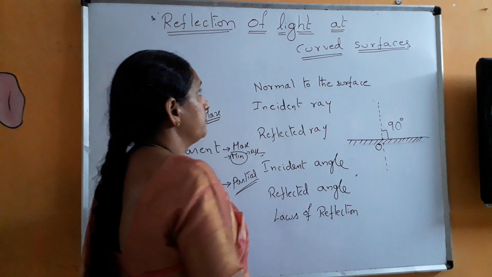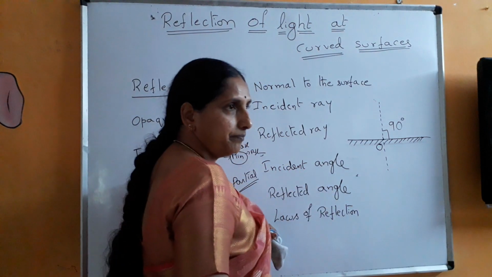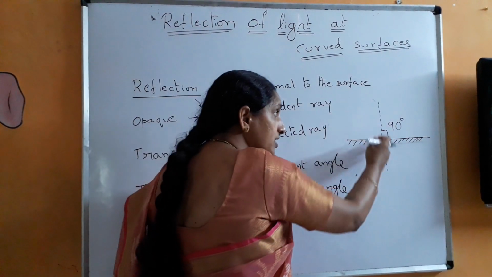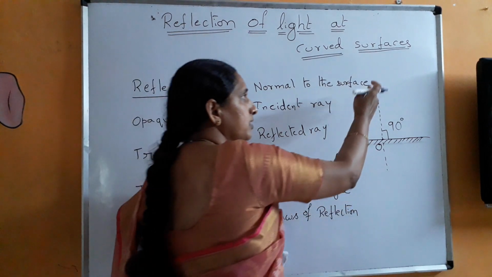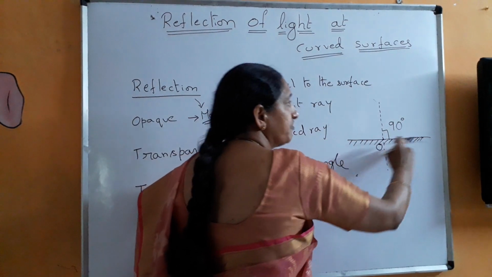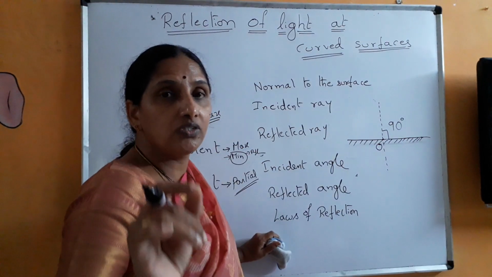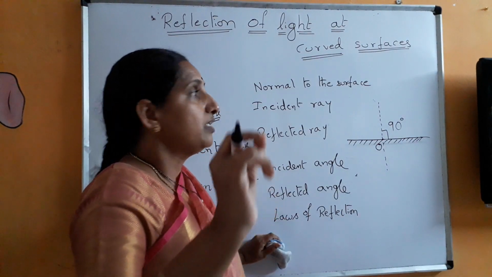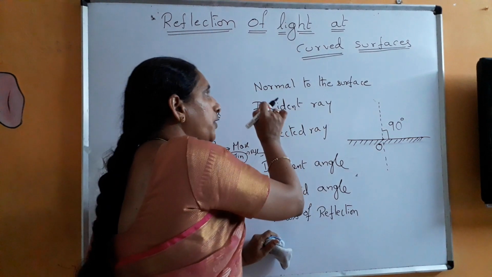Right? So now, normal to the surface is done. That means an imaginary line drawn perpendicular to the surface at the point where you wanted to study the behavior of the light ray is called normal.